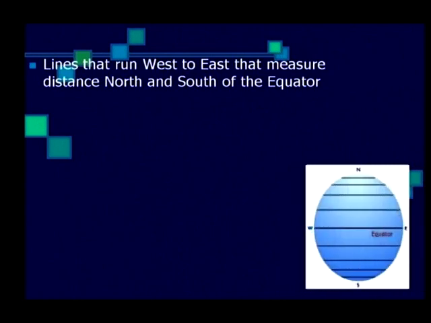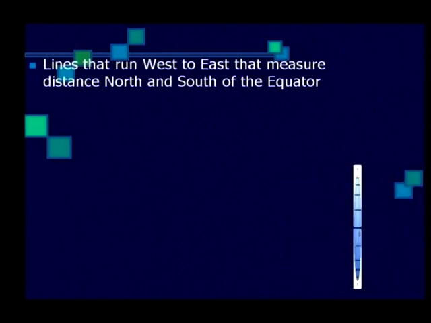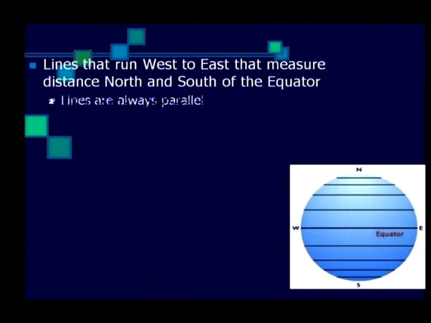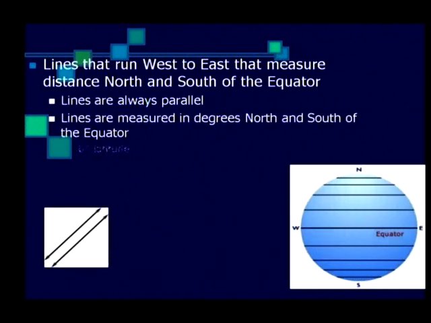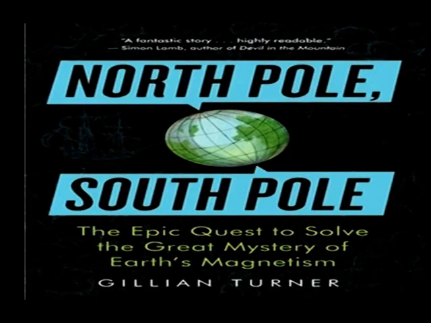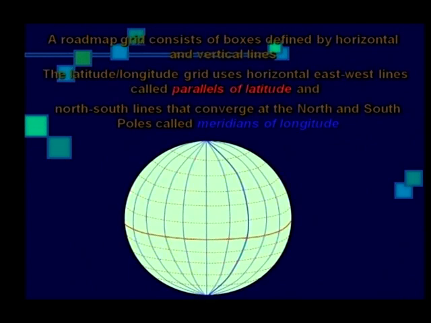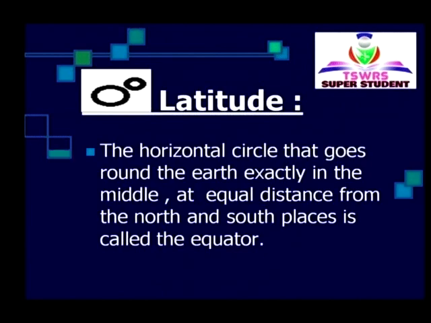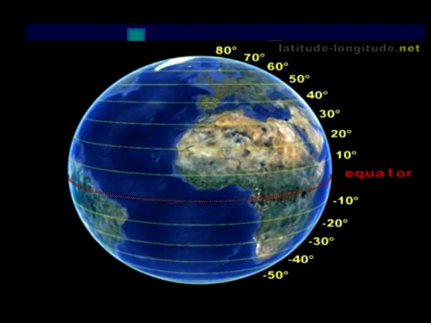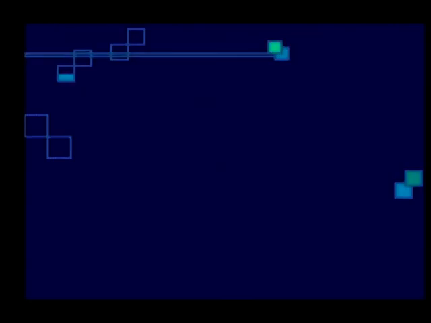Friends, here are the lines that run west to east that measure distance north and south of the equator. These are the parallels of latitude, and as we have discussed before, between these latitudes and longitudes the grids are formed, and these are the degrees of the latitudes.